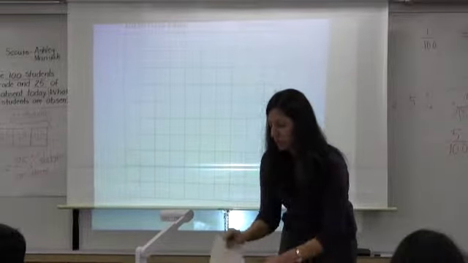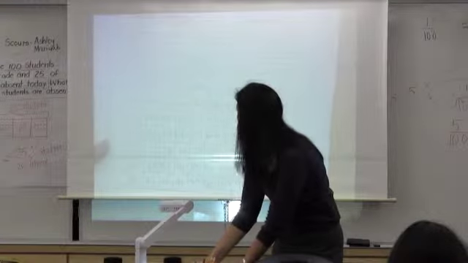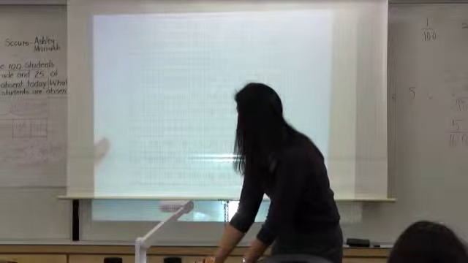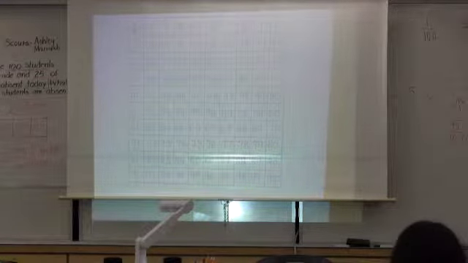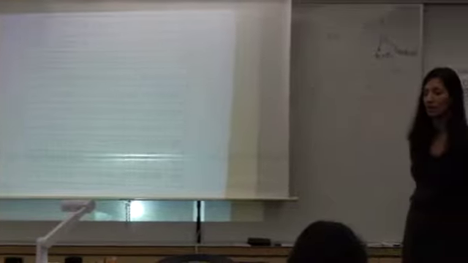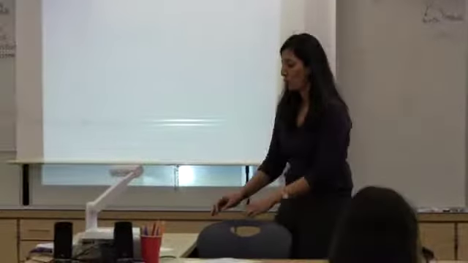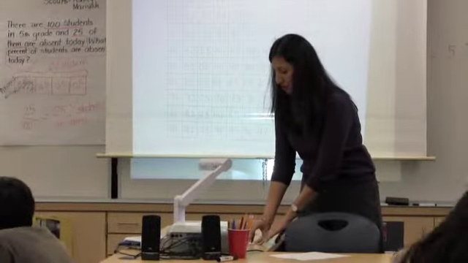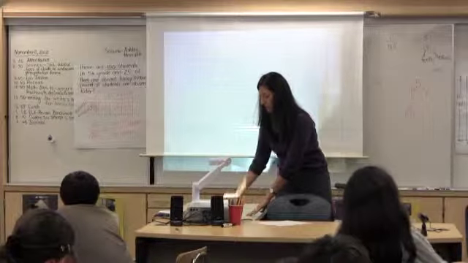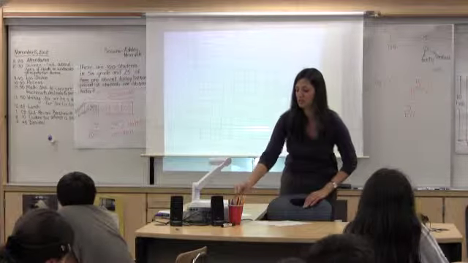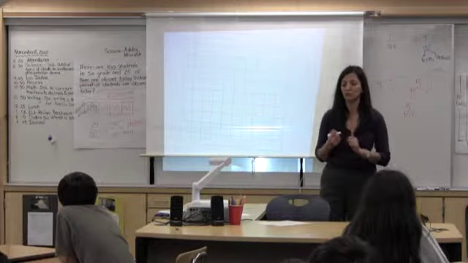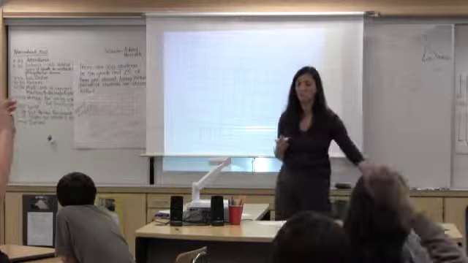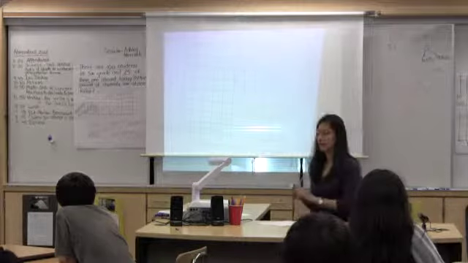Just so that you can see, I labeled one of my grids to show you that there are actually 100 small squares. Okay? So what if the teacher wants you to get 100% on a test? How would I show 100% using a grid like this?